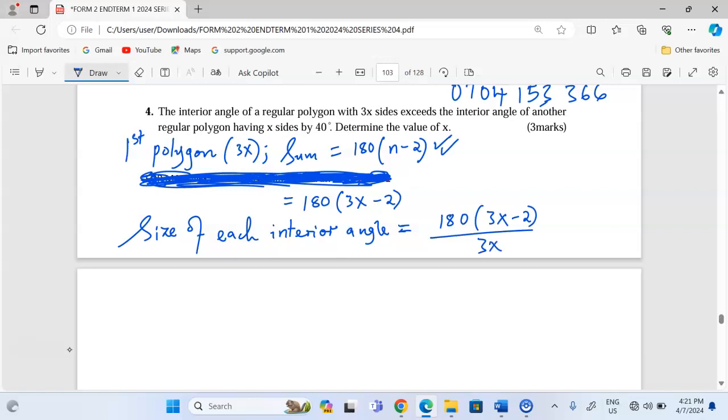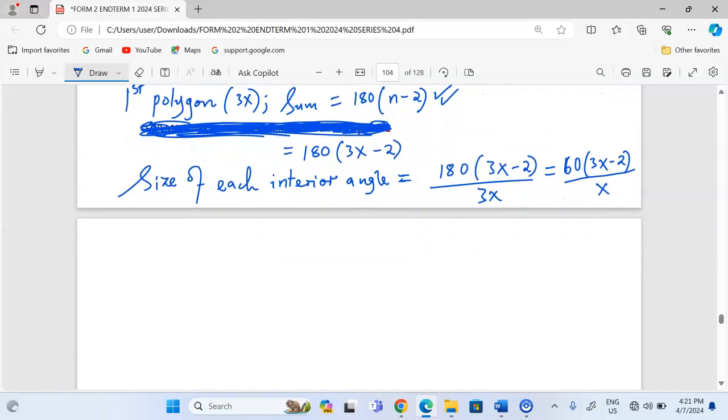There are 3x angles. Therefore, we can simplify this: 180 over 3 will be 60, into 3x minus 2, out of x. So this is the size of each interior angle. Let's go to the second polygon.